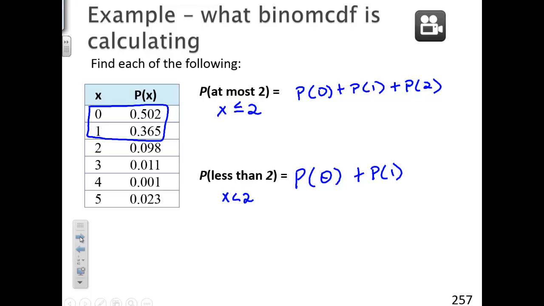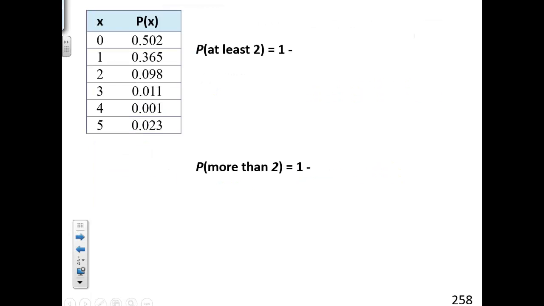Now on the next page, we have the probability of at least 2. And that's where the 1 minus comes in, when we're going to need 2 or more than 2. We have to do 1 minus the values less than. So, this one's a little bit trickier. The probability of at least 2.